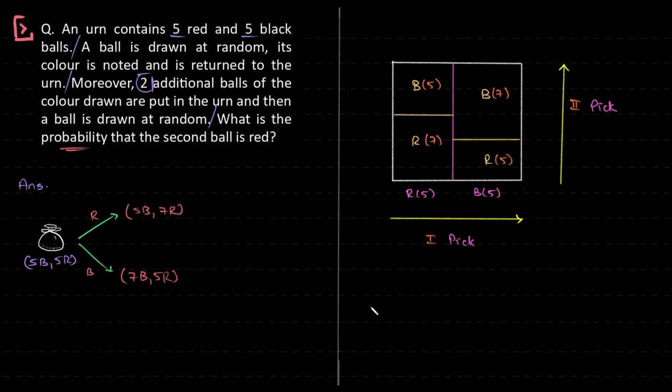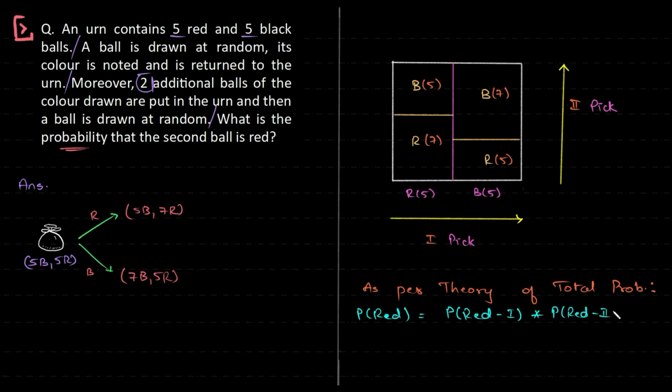Right. So as per the theory of total probability, us getting a red overall, there are 2 possibilities. One is us getting a red in the first draw into the probability that we'll get a red in the second draw, given we already have got a red in the first draw.